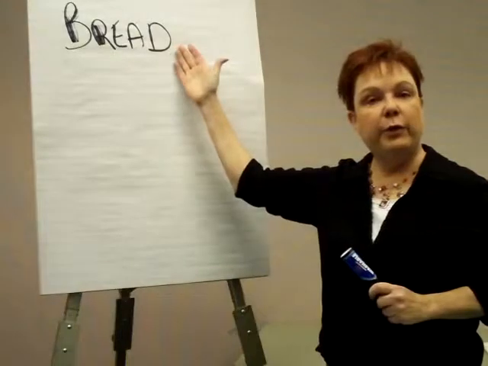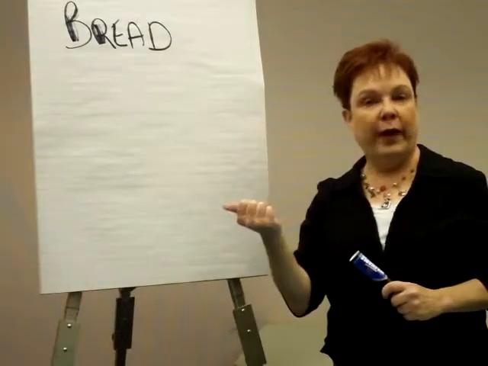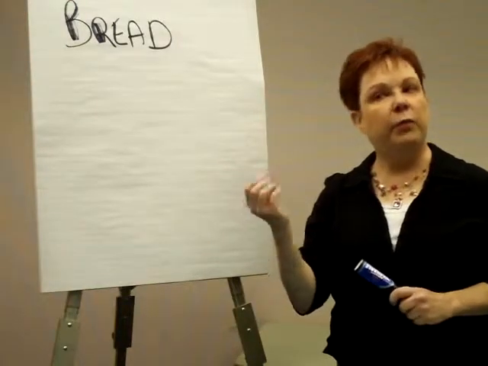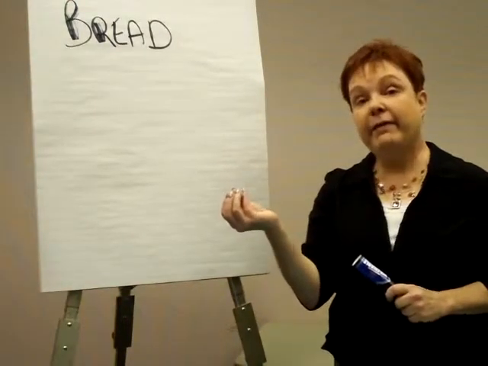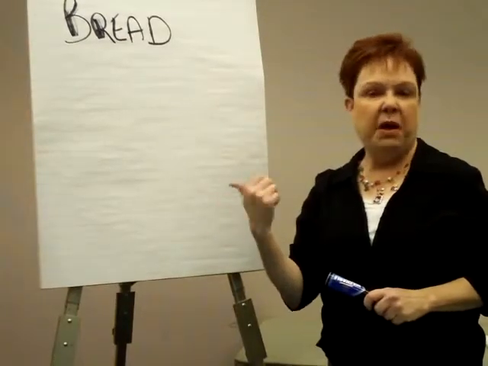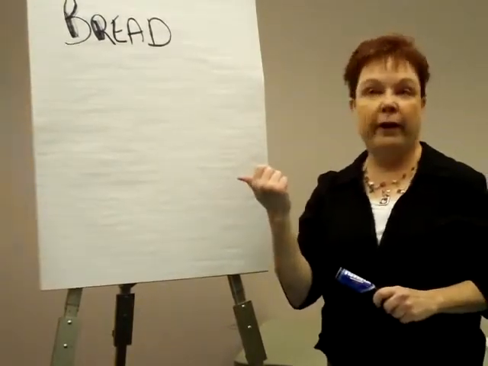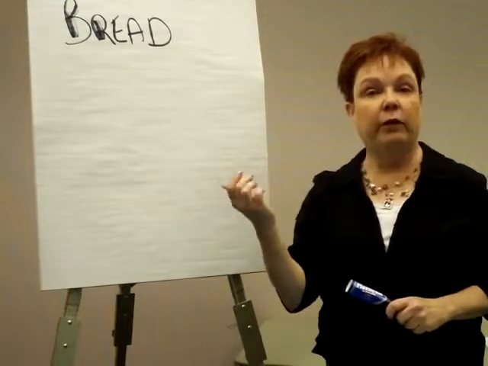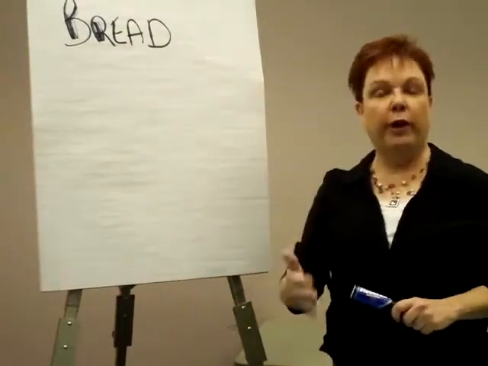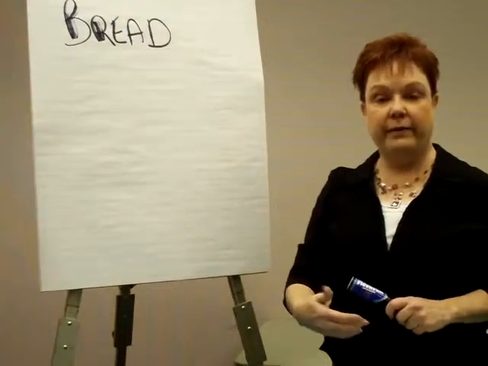What kinds of bread might you use? Well, you could use white bread, wheat bread, multigrain bread, but think about what other bread-like things might also be good for a peanut butter and jelly sandwich. Maybe a hamburger bun, or an English muffin, a bagel, a tortilla. Those might be all things you talk about while you're making your sandwich.